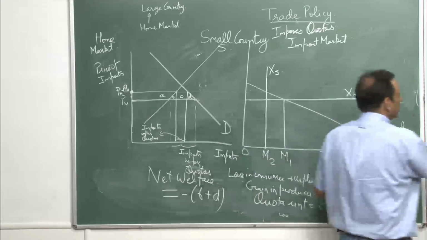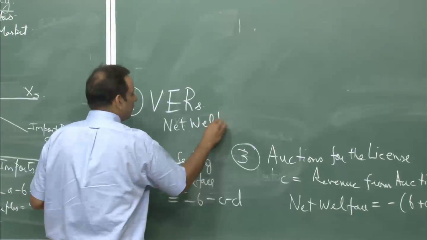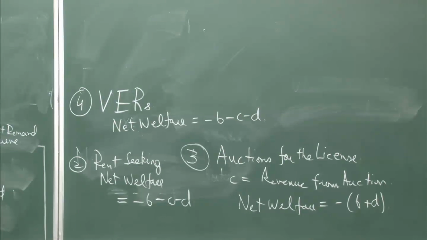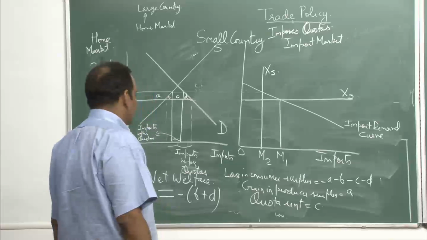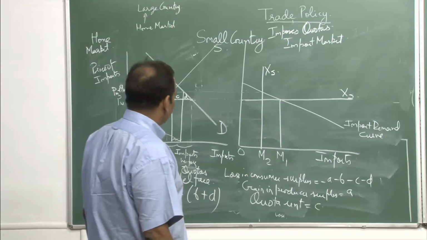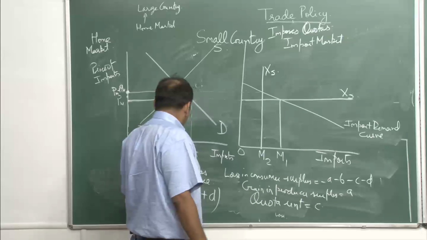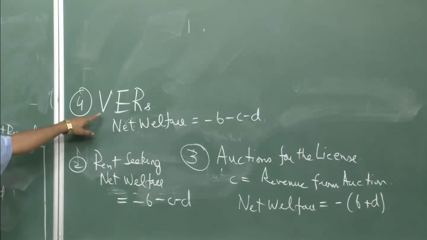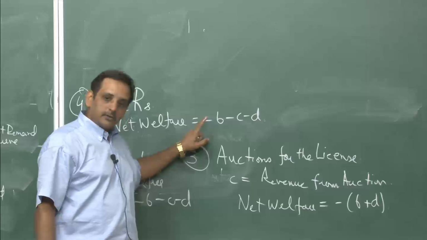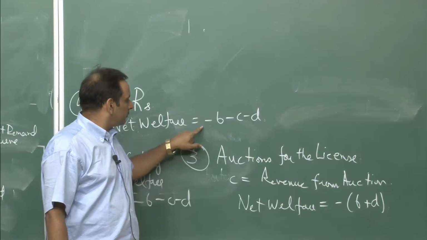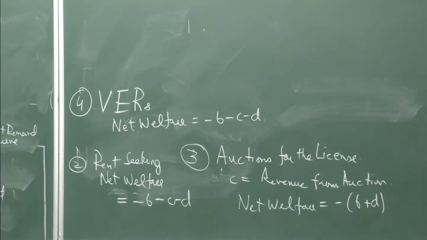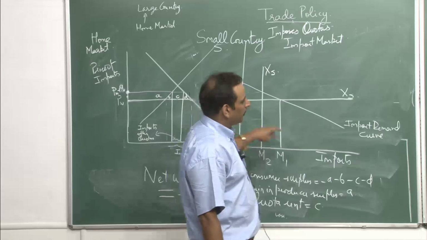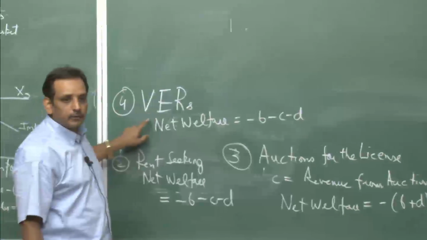In that case also the net welfare works out to be equal to minus B minus C minus D. So, in two of the cases, you see the equivalence of tariffs and quotas, but in two of the cases where you have rent seeking and VERs, you see the loss in net welfare is much greater than the loss of welfare when tariffs are imposed by the small country.